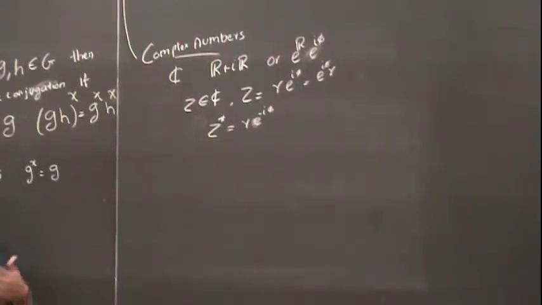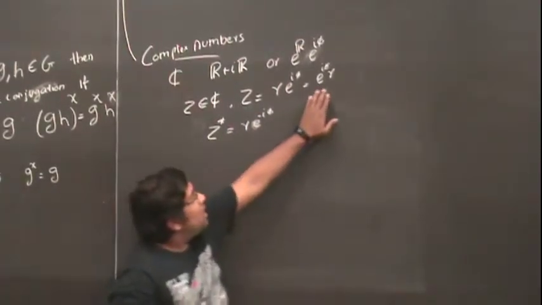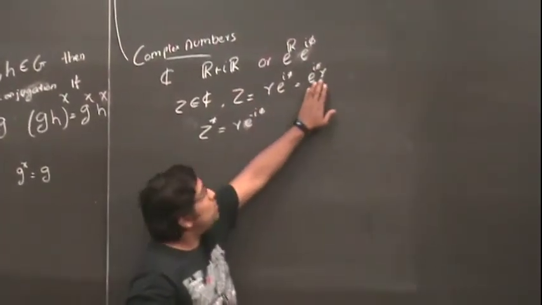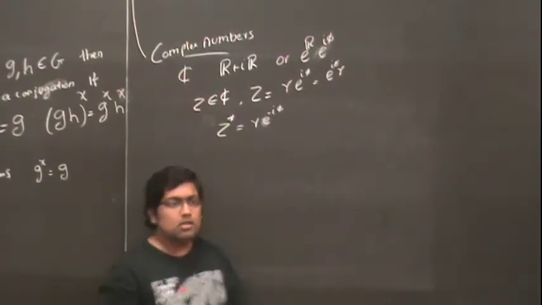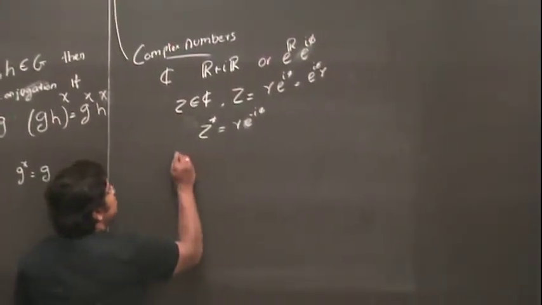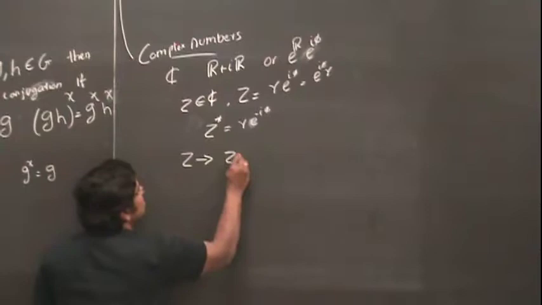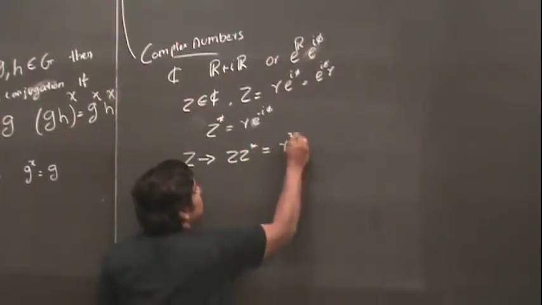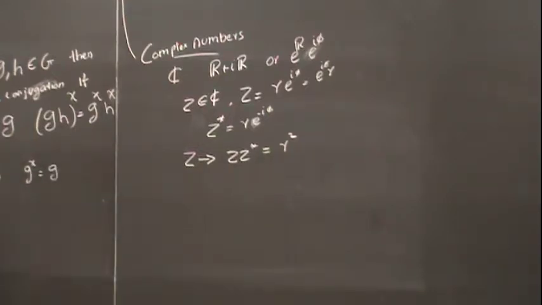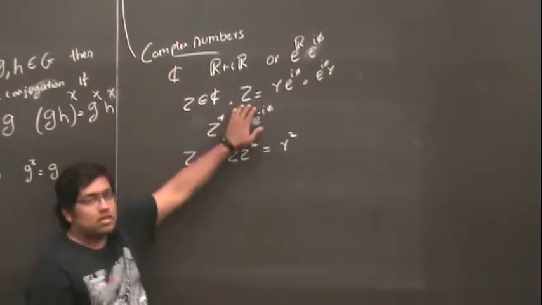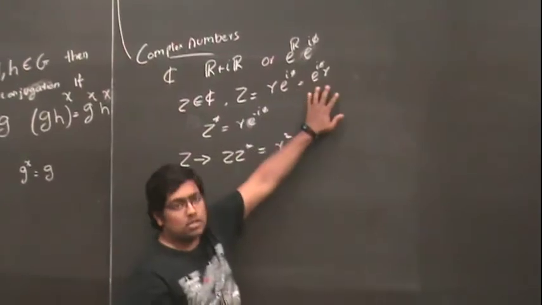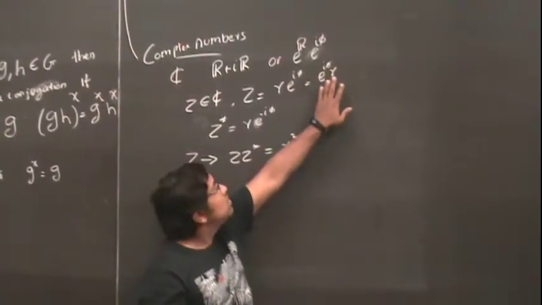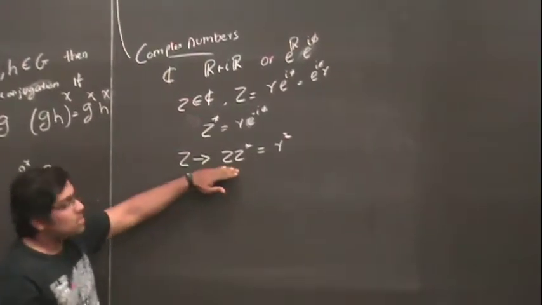So this is a polar decomposition of z, and one way to obtain r is to do this transformation z that goes to z star z, which is equal to r squared. Given a z, if we want to write it in this form, we need to find what r and phi are. So to get r, defining a conjugation lets us do this transformation.